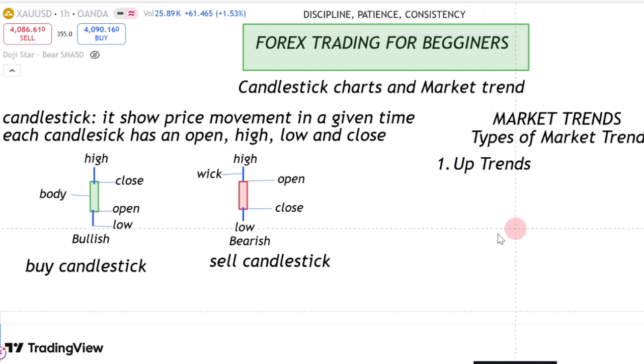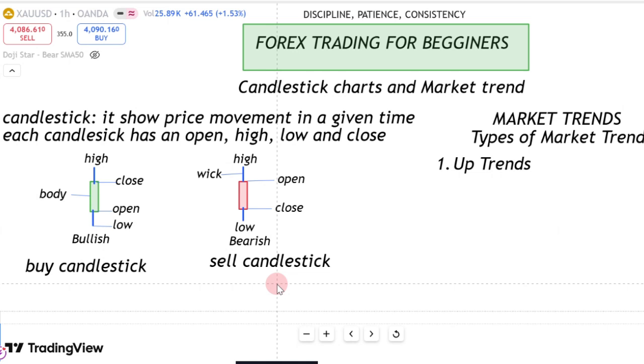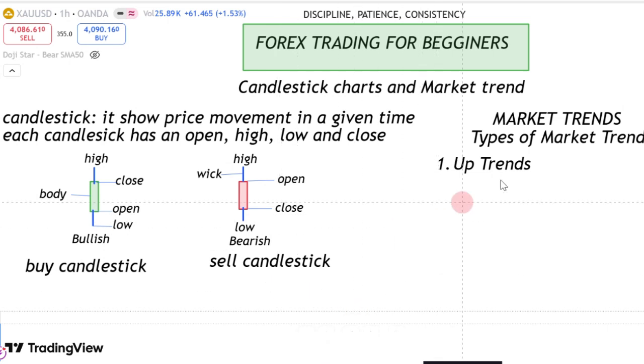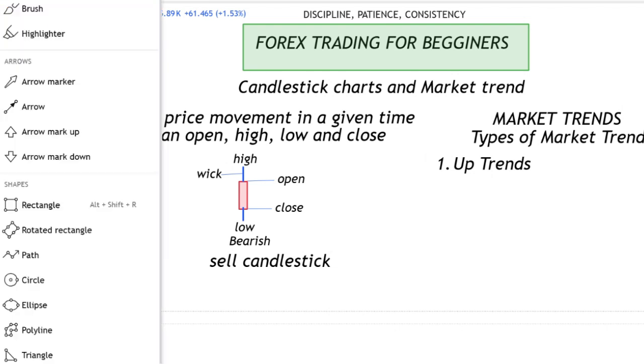Uptrend is when you identify the direction of the market. That's why we call it uptrend.